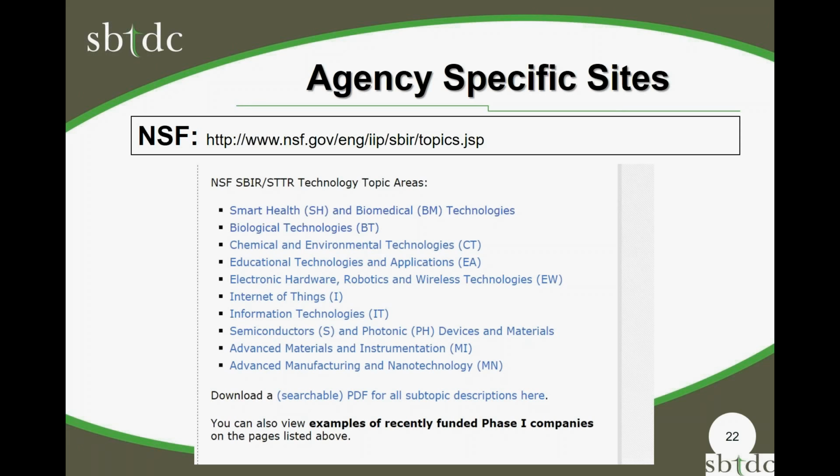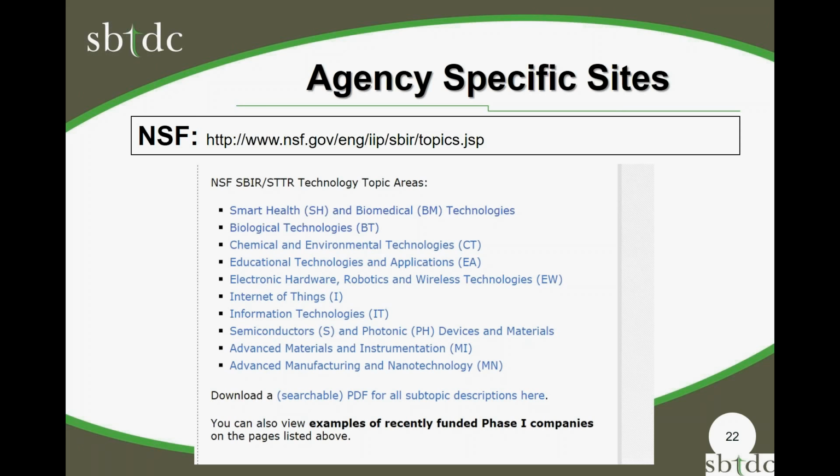NSF is an agency that offers 2 releases of solicitations each year and then 2 submission deadlines each year. So generally solicitation releases are in April with a deadline of June, and again an opening in September with a deadline in December. So they offer you about 3 to 4 months of proposal preparation time.